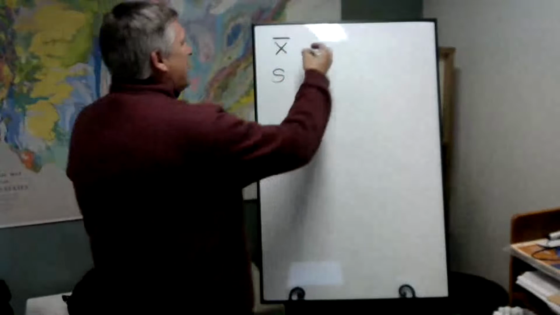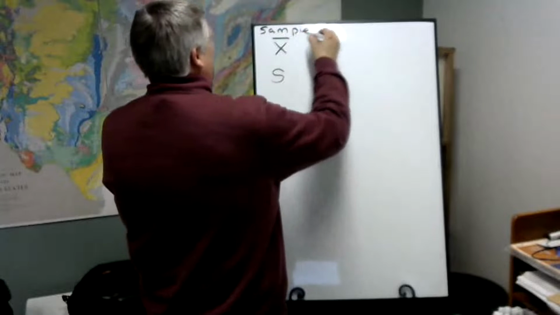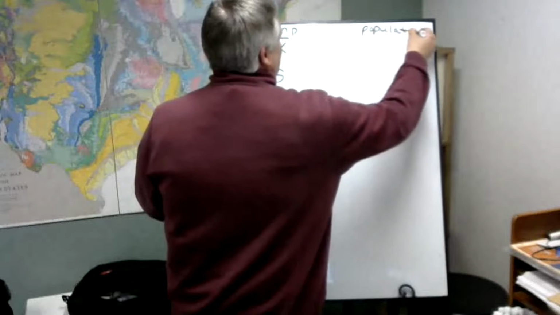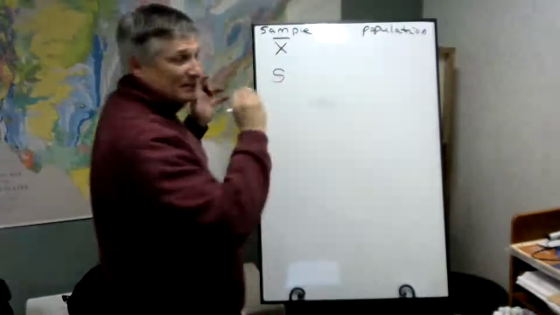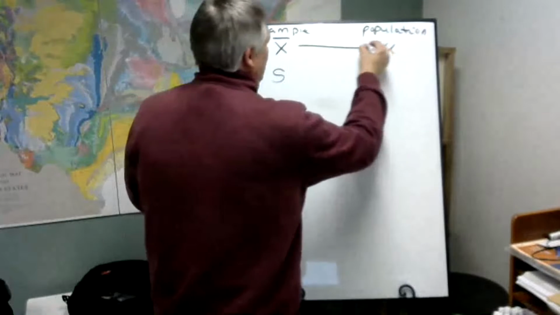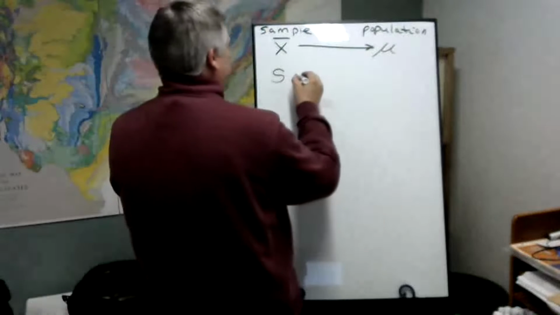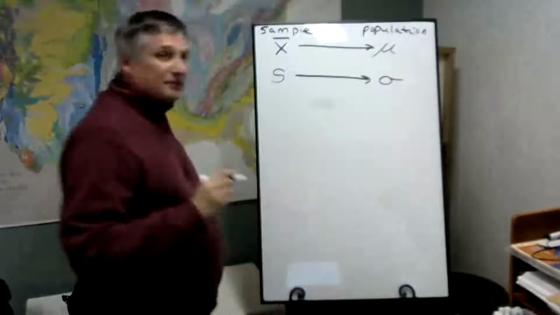So these are the sample versions, and then we have the population version. This is the actual mean. This is the thing that's really out there. We just maybe can't get it, but we represent this with the Greek letter mu. And we represent the standard deviation with the Greek letter sigma.